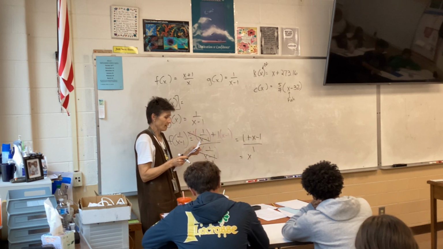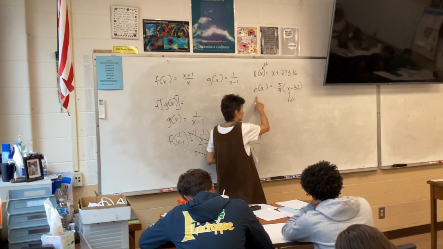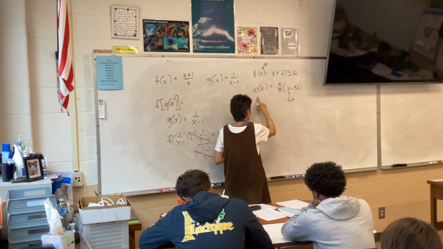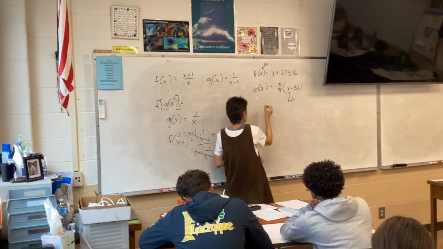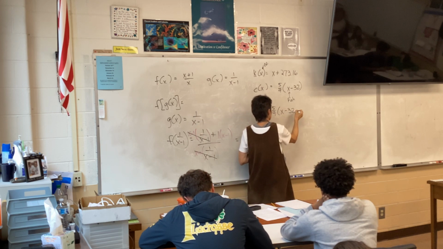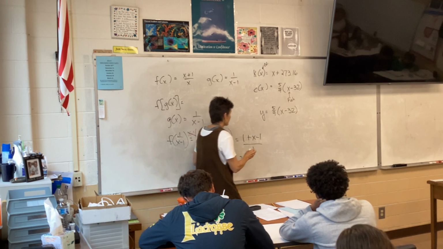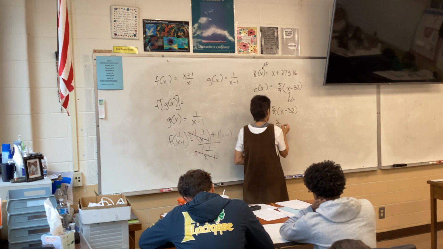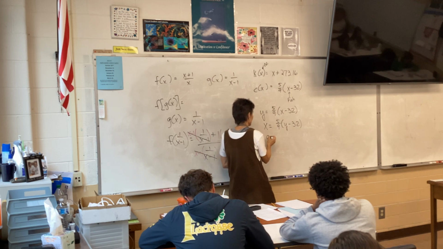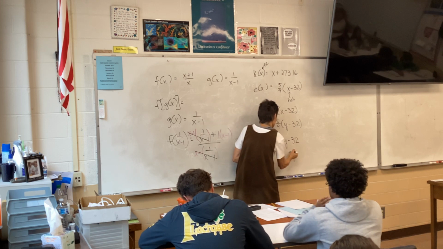Find a formula for the inverse of C. So think of this as y equals 5/9 x minus 32. How will I find the inverse of that? Switch the x and y, and then solve for y. So maybe multiply by 9/5 and add 32.